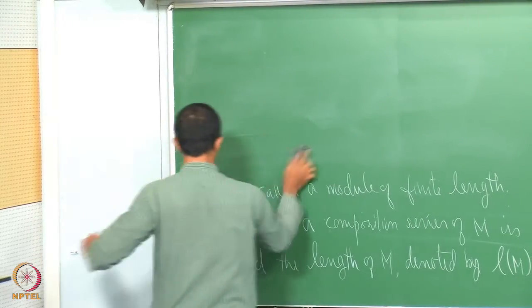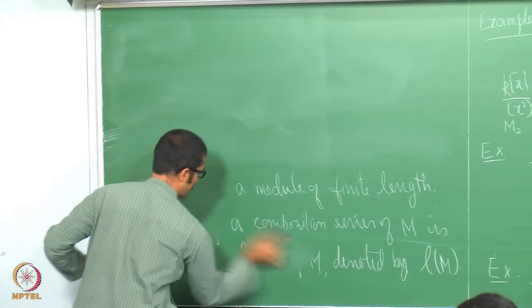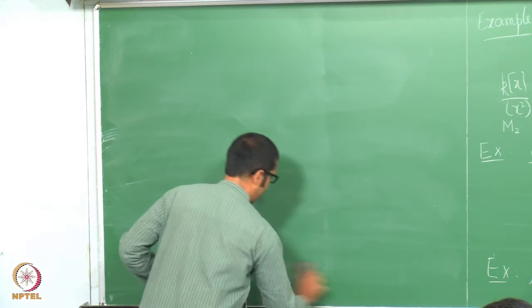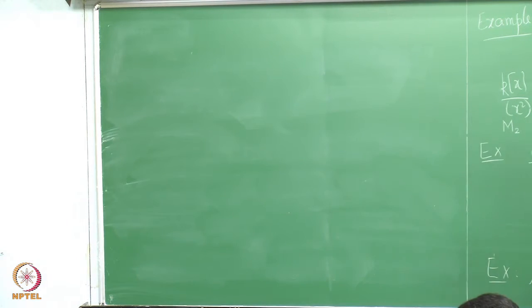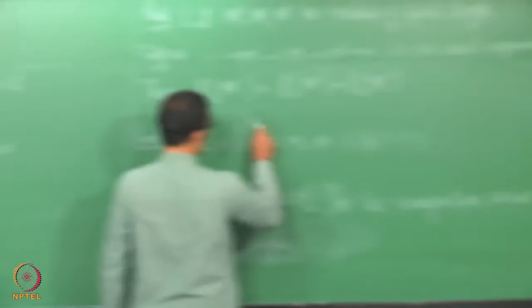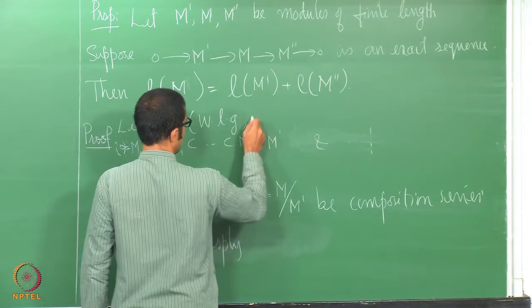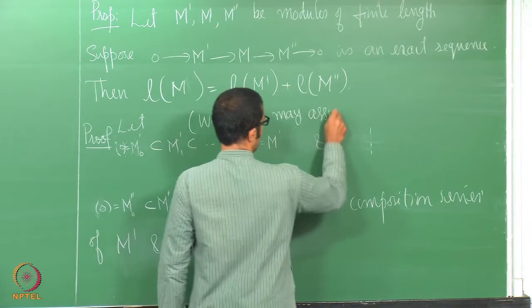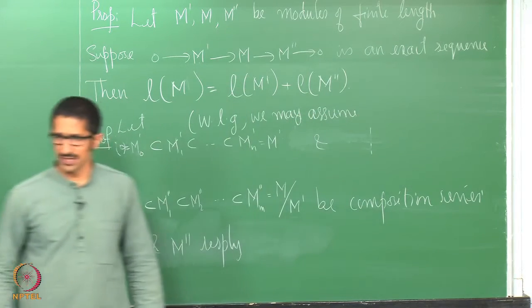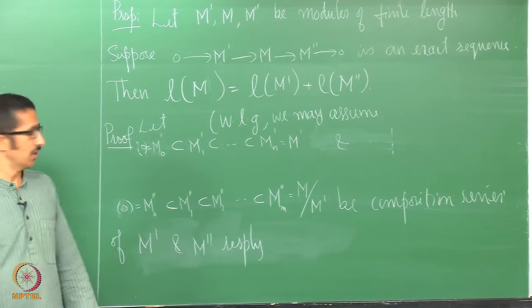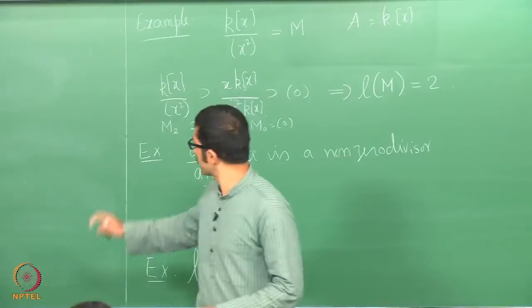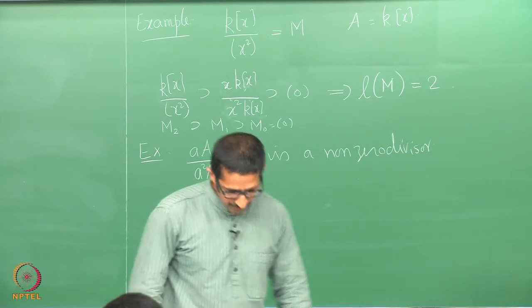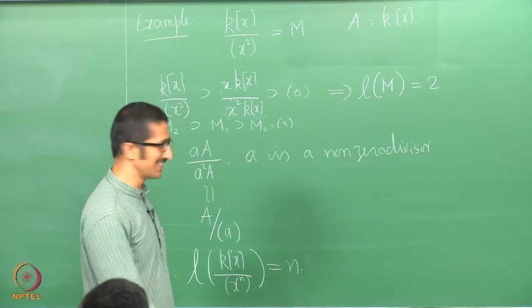Without loss of generality, we may assume that M prime is a submodule of M and M double prime is M mod M prime. We proved this last time? Oh, we proved that; the statement was not written.